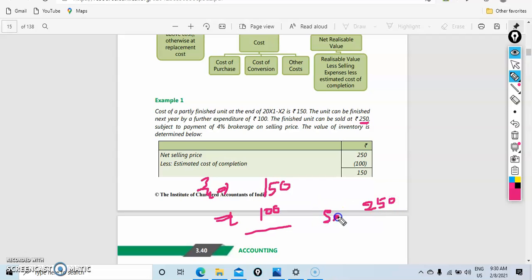That is the sales value. Then what are the expenses? Subject to the payment of 4% brokerage on the selling price. So there is a selling expense also. How much selling expense? 4%.